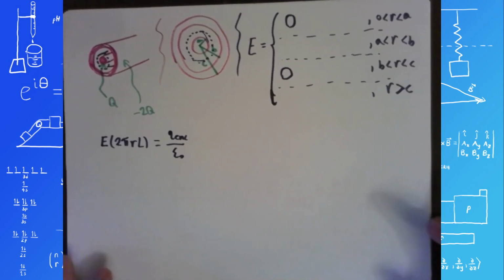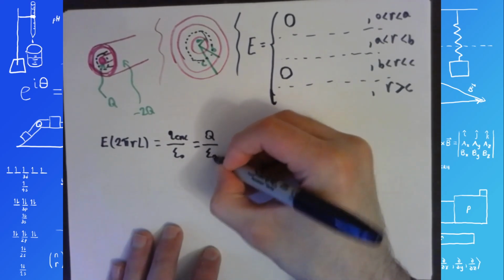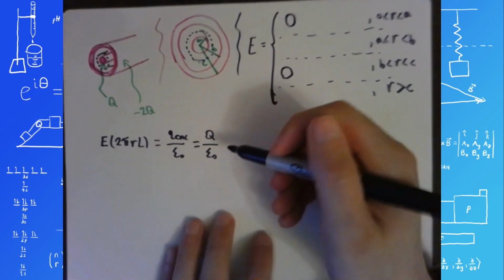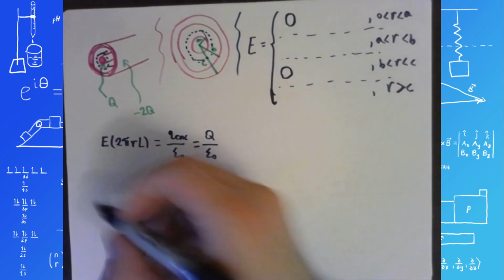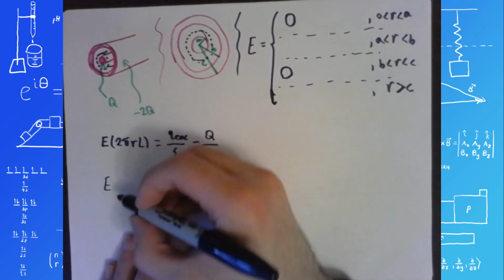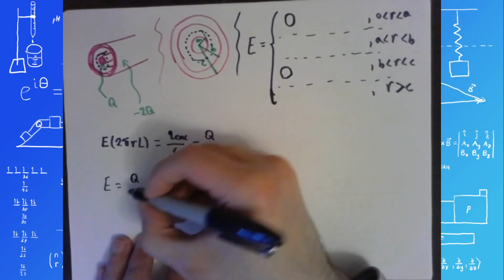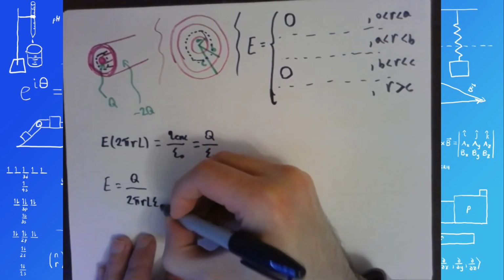It's big Q. We don't have to take a linear density and multiply it by the length. Divide by 2 pi RL and we're done. E for our second region of interest equals big Q over 2 pi RL epsilon naught.